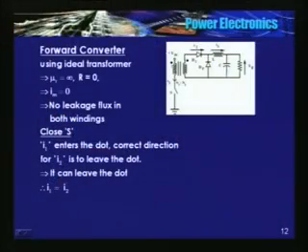What is the voltage that is applied to the primary winding? It is VDC. What is the voltage induced in the secondary? It is VDC divided by N1 multiplied by N2. Dot is positive, connected to the positive of the battery. So this is also positive.